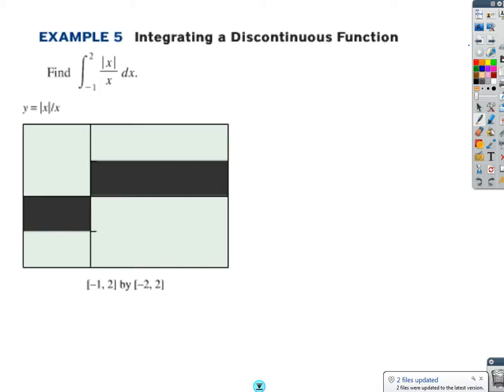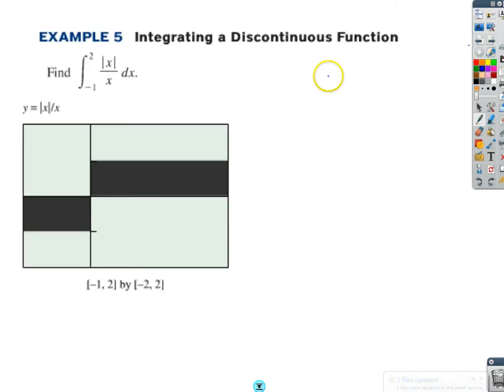The good news is that when dealing with a hole or a jump discontinuity, there's no real difference in figuring out the area. You just find the area underneath the curve. You don't have to worry about the hole. The only time we have to worry about it is when we have a vertical asymptote, or an infinite discontinuity.